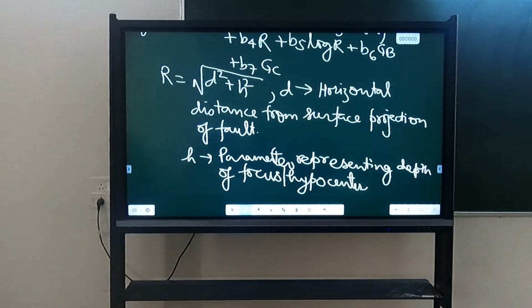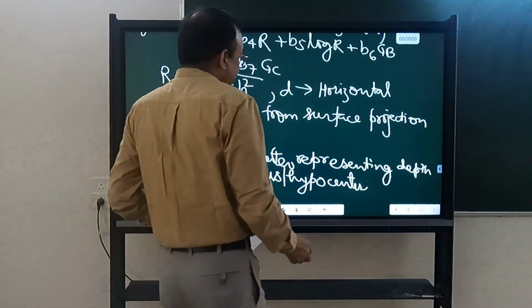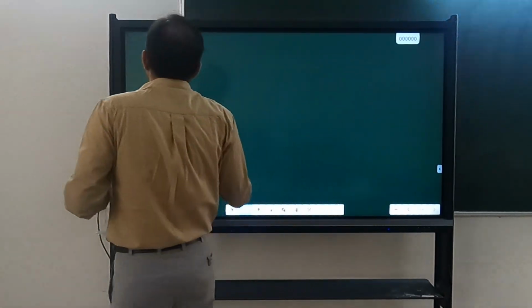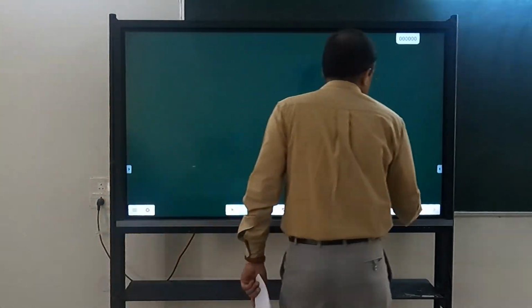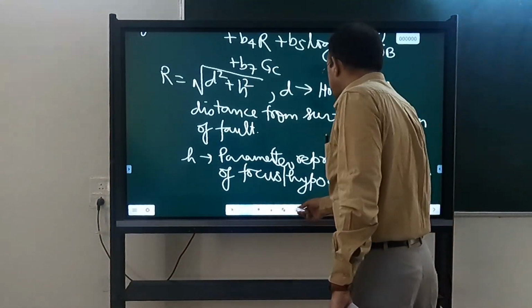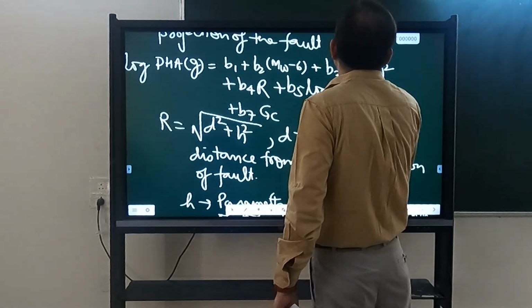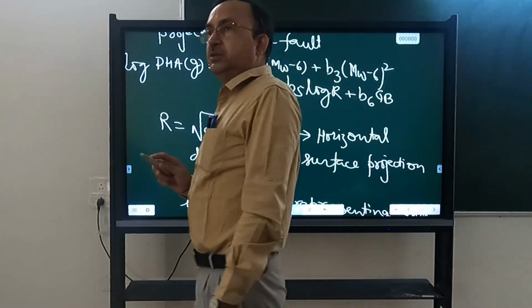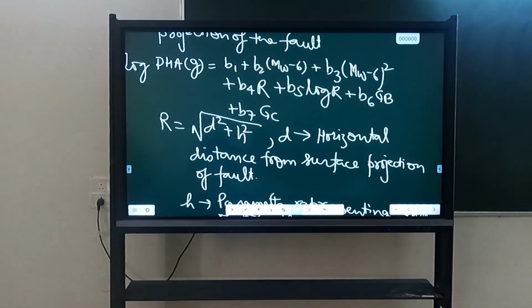Then they developed tables to obtain this B1, B2, B3, etc. Before that, here the parameters GB and GC are used. These are representing local site conditions. So ground motions do not depend only on magnitude and distance.